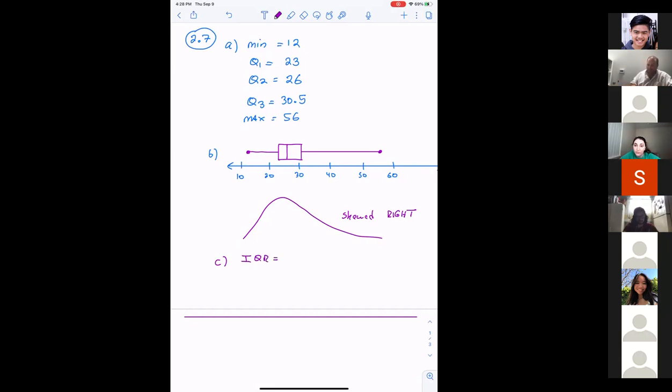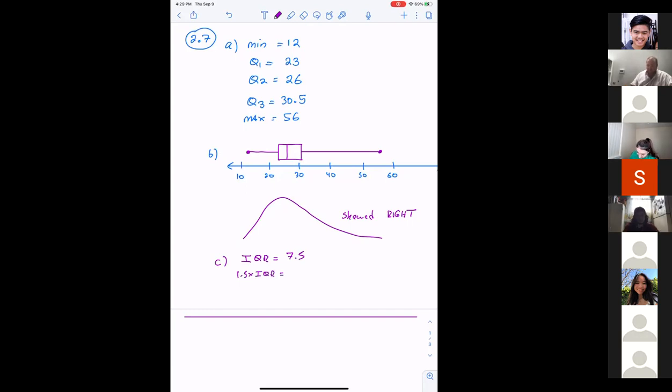First, what is the IQR? Q3 minus Q1, which is equal to what in this case? What is Q3 minus Q1 in this example? We have it on top, Q3 and Q1. So hopefully you can do this, 7.5. And then we do 1.5 times that, 1.5 times the IQR.